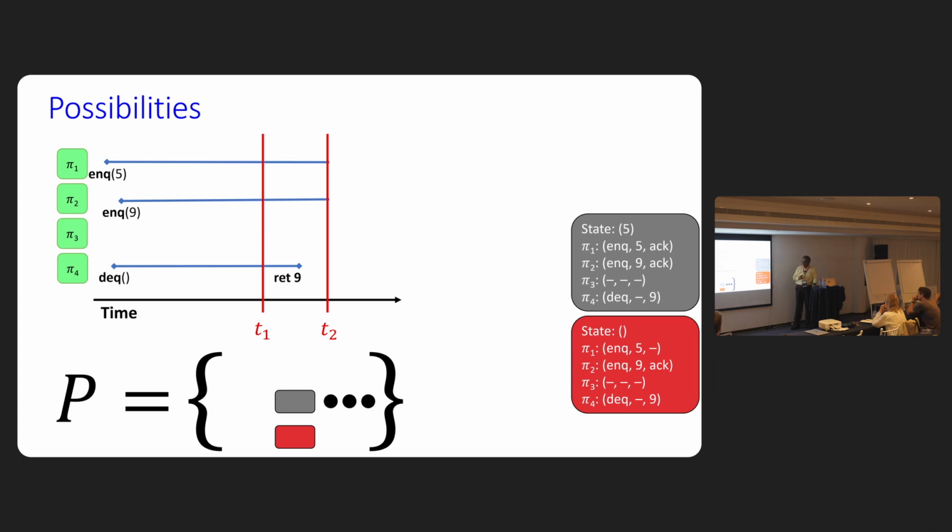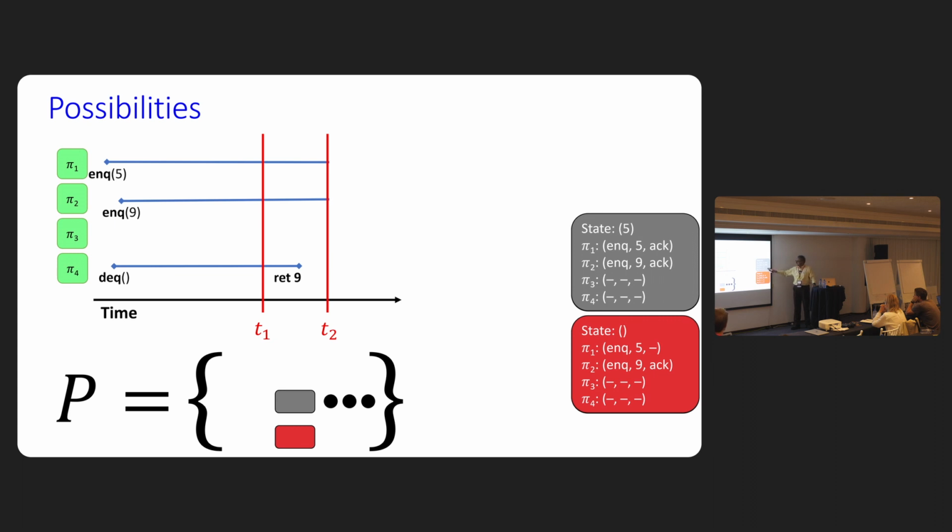But it is a slight lie that these can be possibilities at that point, because DQ has already completed and left, right? So the status of pi4 does not any longer have an ongoing operation. So really the status of pi4 at this point is blank, blank, blank. It has no ongoing operation, right?